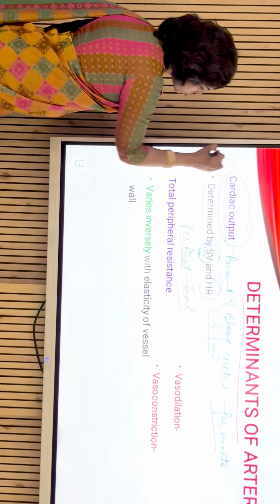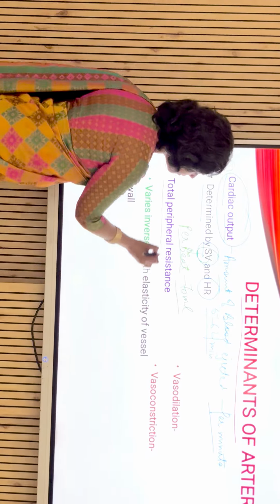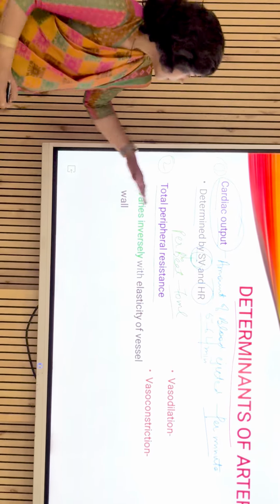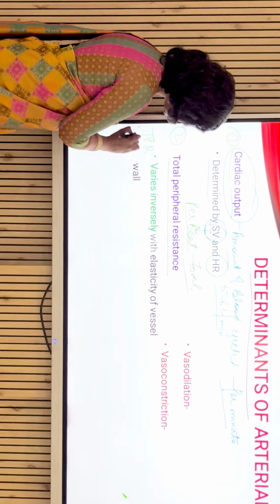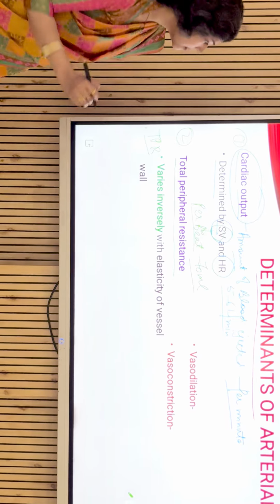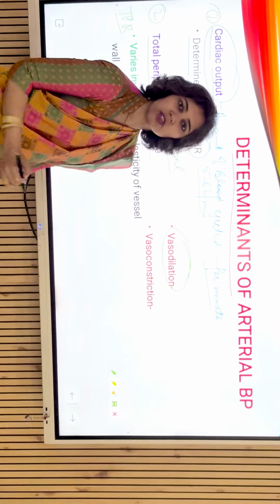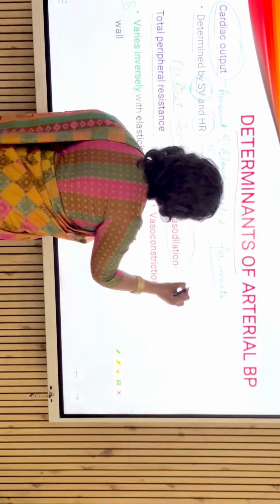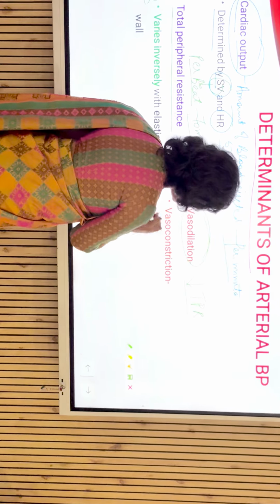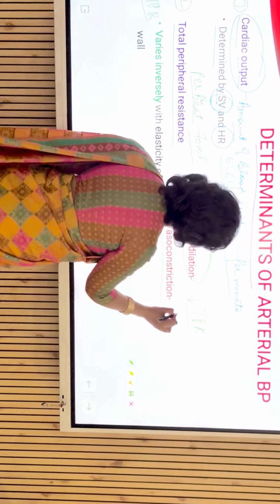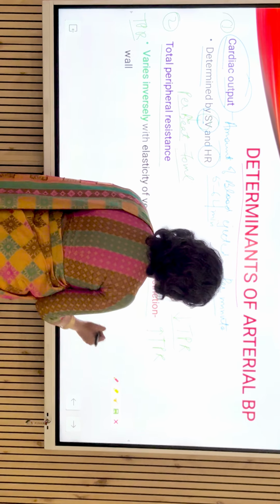The second determinant of blood pressure is total peripheral resistance. Total peripheral resistance varies inversely with the elasticity of the blood vessel. That means if the blood vessel undergoes dilation, a condition called vasodilation, there will be a fall in total peripheral resistance, and if the vessel undergoes constriction, there will be an increase in total peripheral resistance.